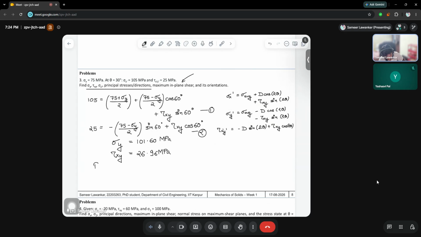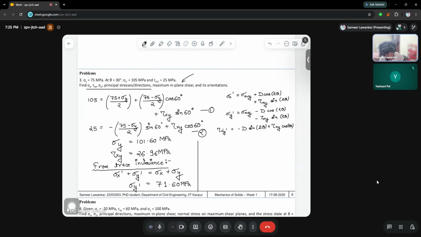When you use trace invariance, you get sigma x dash plus sigma y dash is equal to sigma x plus sigma y. You know all the values, you just don't know the value of sigma y dash. So sigma y dash is sigma x plus sigma y minus sigma x dash. When you put the values, you will get 71.60 MPa. So this is also known to us.